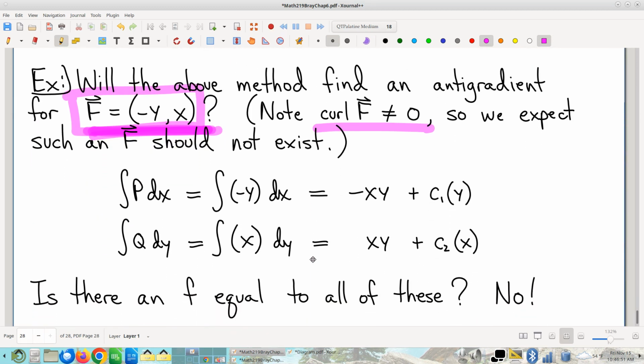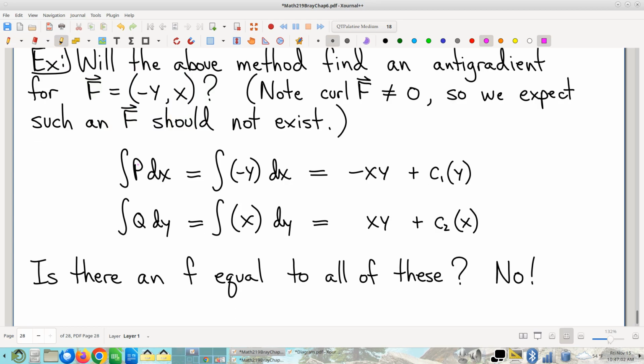Okay, so with that in mind, let's see, here we go. We know we're not going to find one. Let's see how the game plays out when, in fact, there is no anti-gradient to be found. So I'm going to take the first coordinate and take its x antipartial. I'm going to take the second coordinate, take the y antipartial. Usual process.